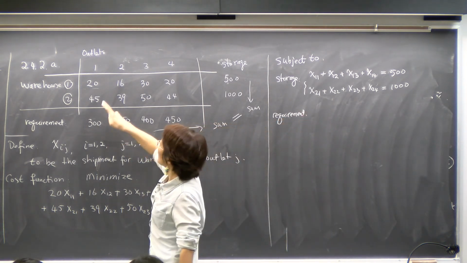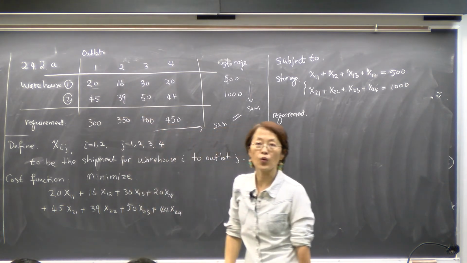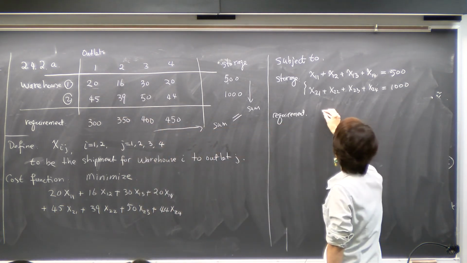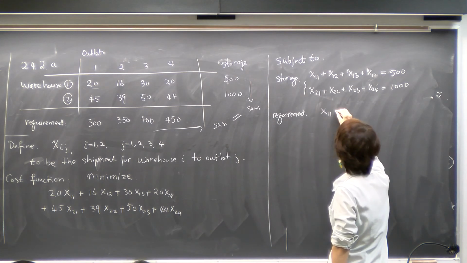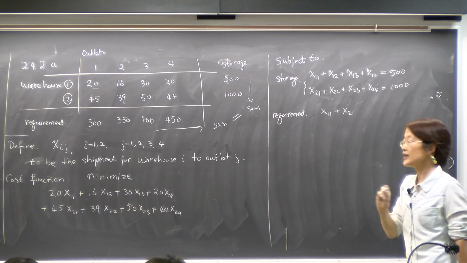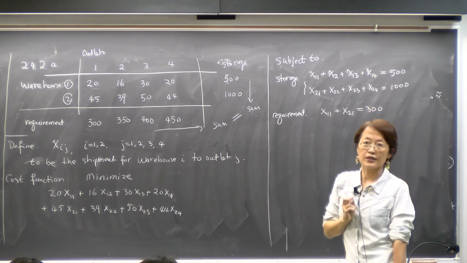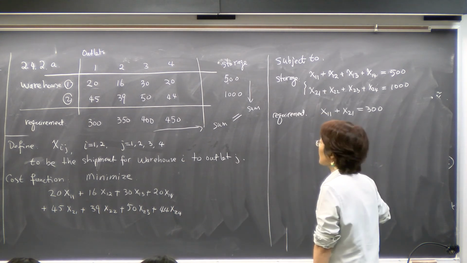Because you are only going to send 300 to outlet number 1, the total amount you send there will be x11 plus x21. Is that right? That must be exactly 300. That's for outlet 1, and you go through all of them.